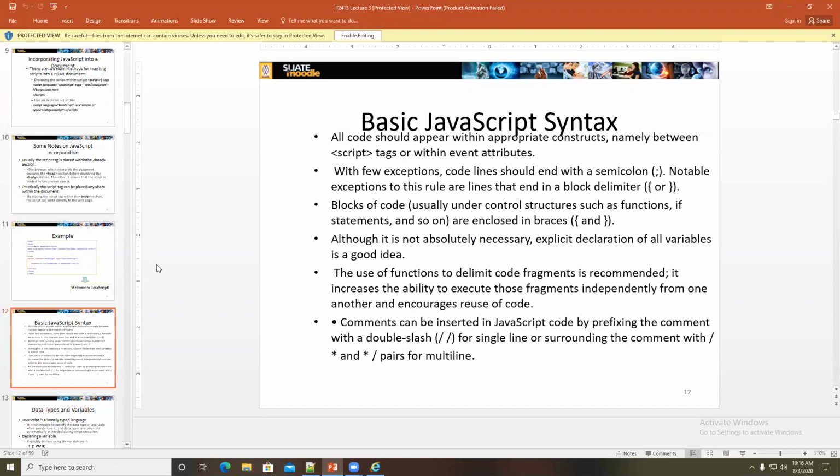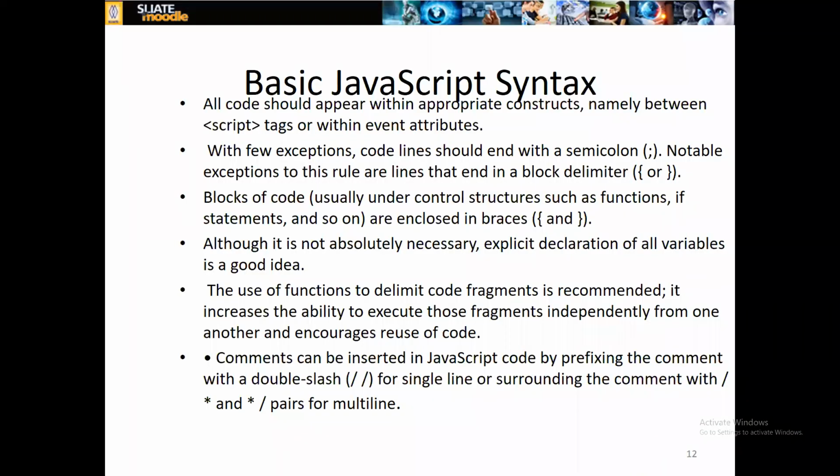And basic JavaScript syntax, actually here I need to mention that JavaScript is very much similar to Java. There are some similarities between Java and JavaScript. So you have to remember that each and every statement will end with a semicolon. In Java also same, you have to use the semicolon to end one single statement.